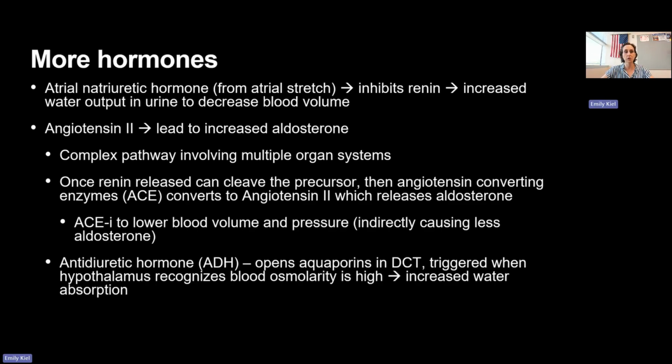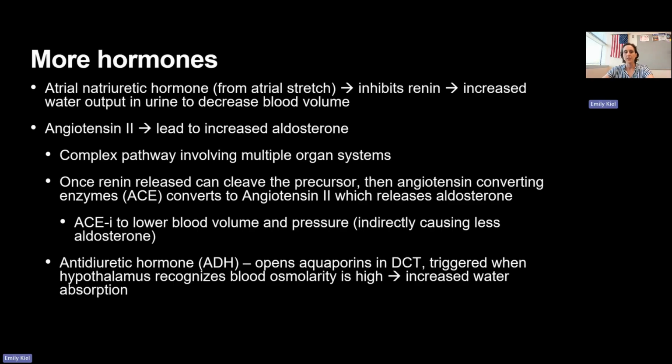We've got the hormone angiotensin 2, and this hormone leads to aldosterone. And this is a really complex pathway that involves multiple organ systems. I'm not expecting you to know all the organ systems, but just know that renin is released. We have this pathway of cleaving and activating, and we end up with these angiotensin converting enzymes.